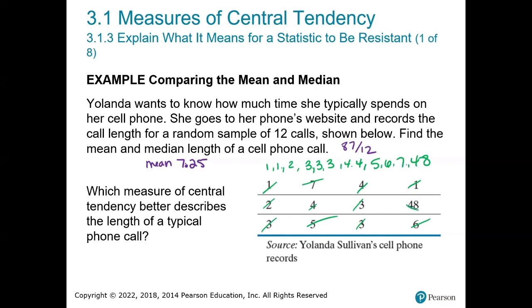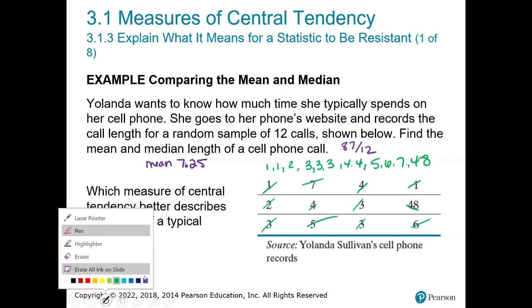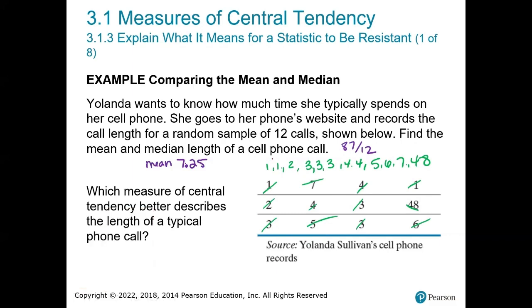All right, so what I'm going to do is work my way through here by crossing out 1 on each side, 2 on each side, 3 on each side, 4 on each side, 5 on each side. Okay, I'm left with 2 in the middle. So if I add 3 and 4 together, that makes 7 divided by 2. The median is 3.5.